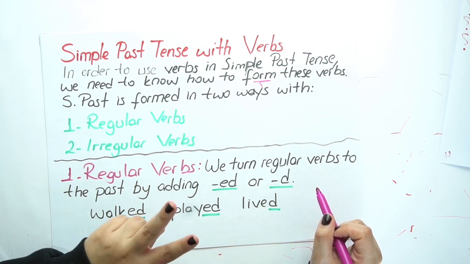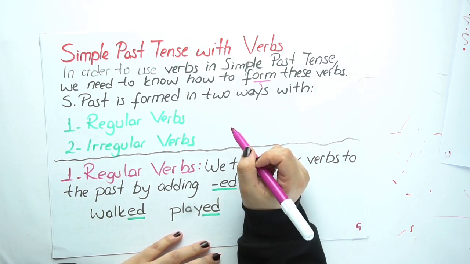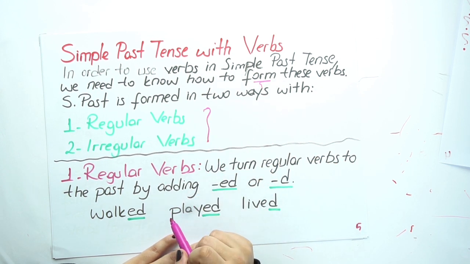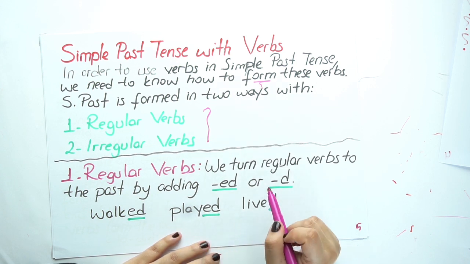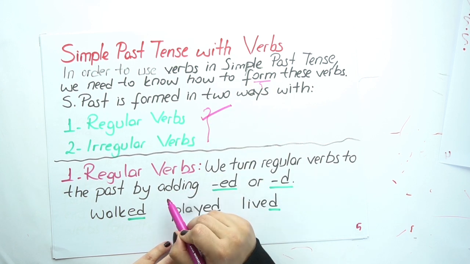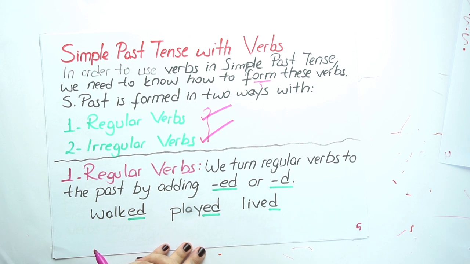And there are two ways for forming those verbs. I divide my verbs into two parts to show they are past verbs. The first way is regular form, and the second way is irregular form.